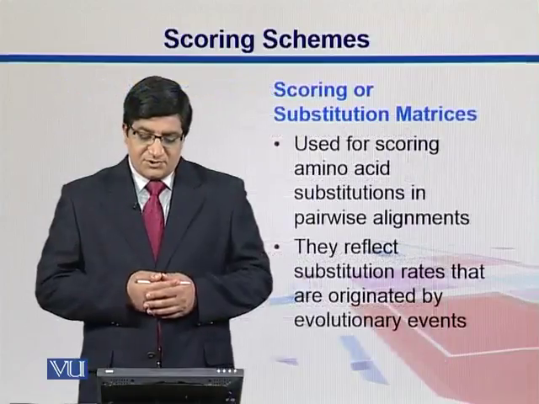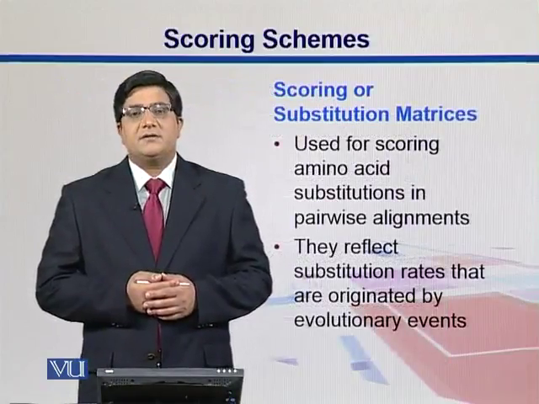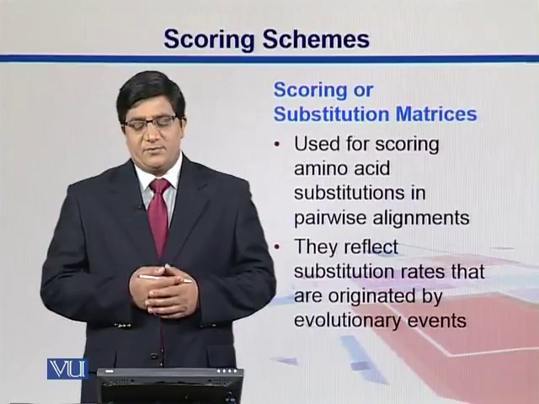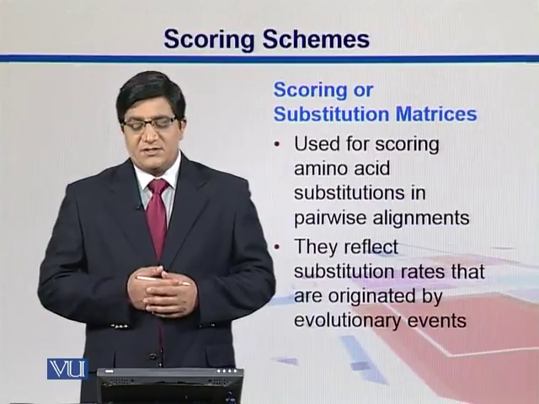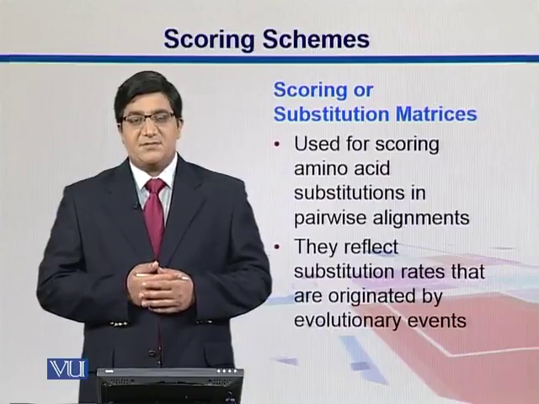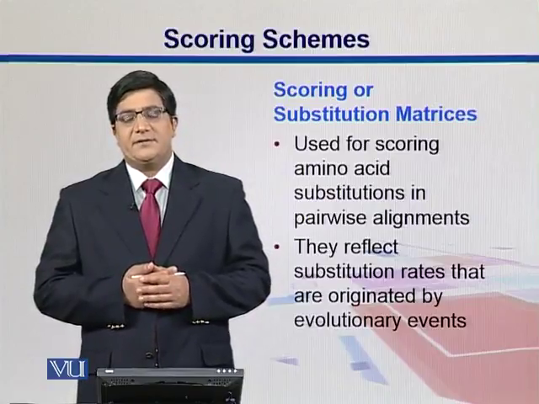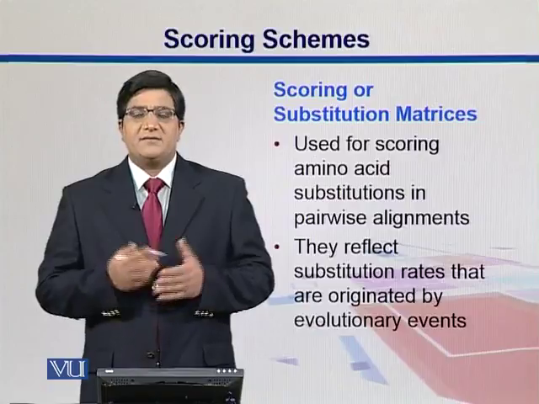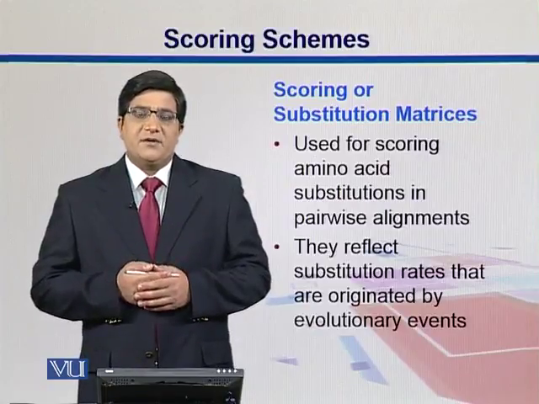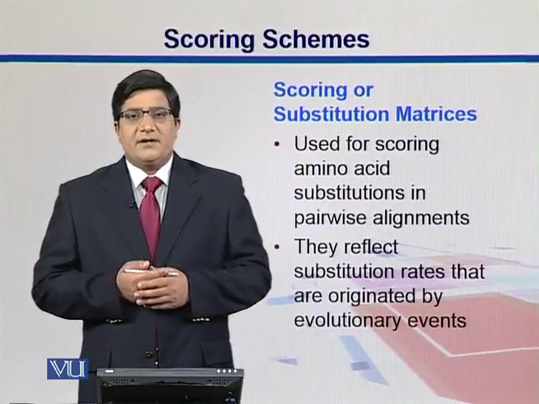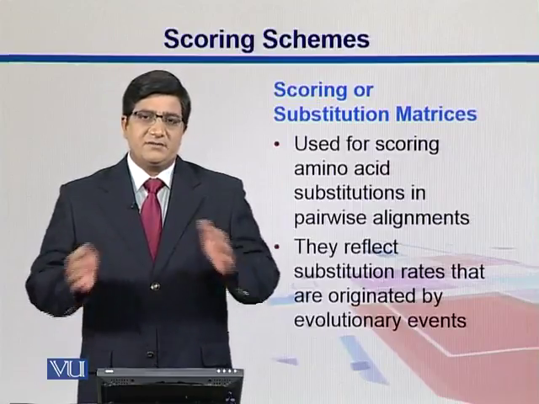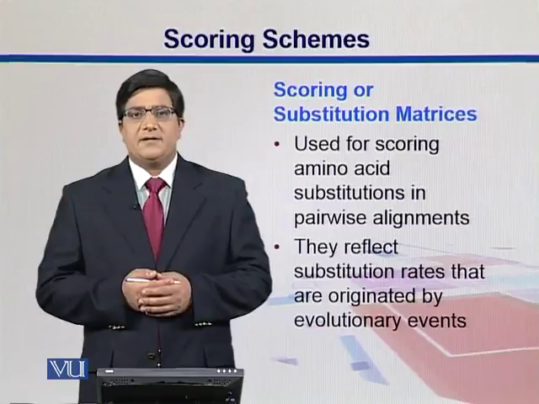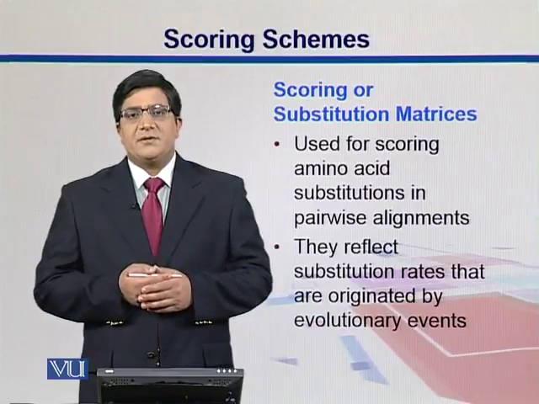Scoring or substitution matrices are really important matrices which are used for scoring amino acid substitutions. Basically, in proteins, we observed that some amino acids replace others most often, and some of them are less frequent. So scientists came up with scoring schemes and presented them in the shape of matrices.